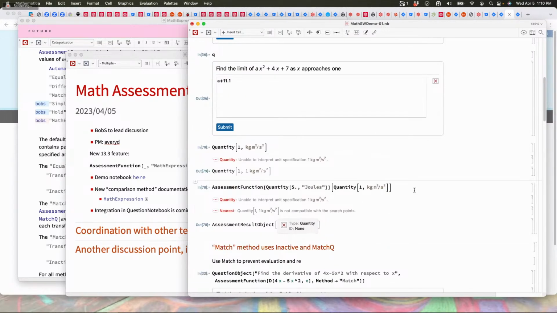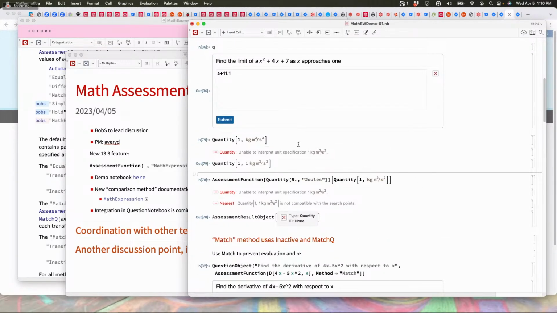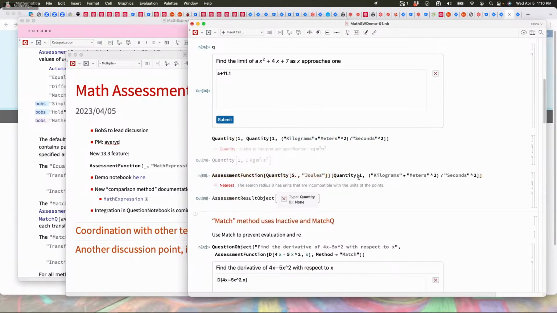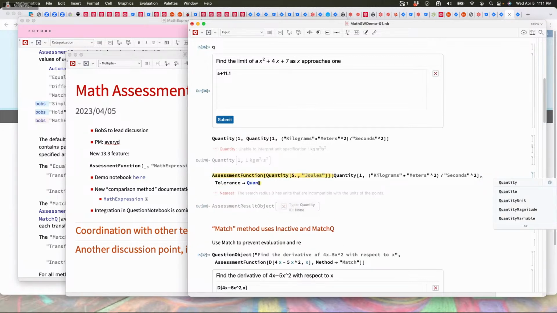What the hell is search points? Quantity. You've got weird error messages there with nearest. Okay, search rate. What the hell is that? That's a bug.